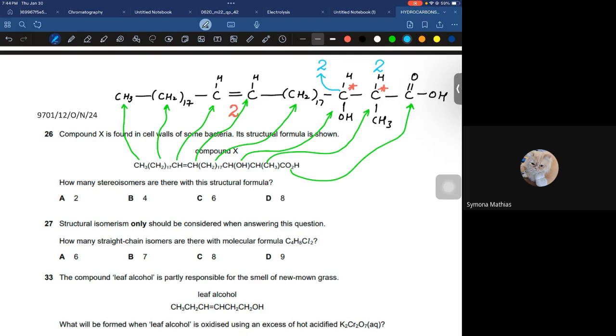Yes or no? So, sir, one chiral center has two stereoisomers. Exactly, because they are mirror images of each other. But the answer is D. But the answer is D.